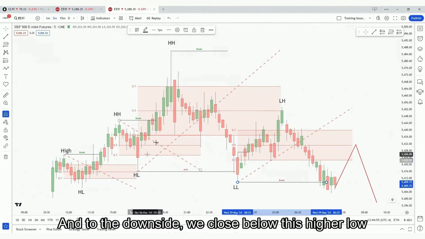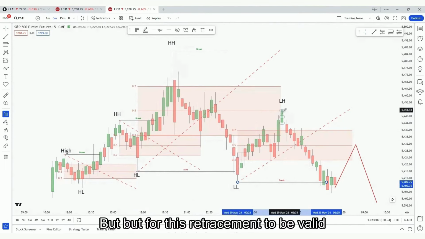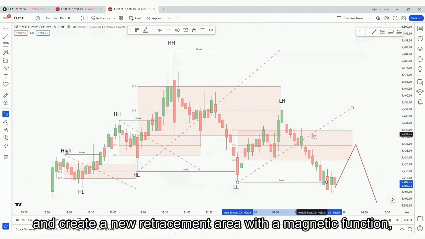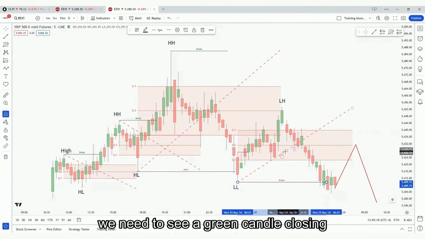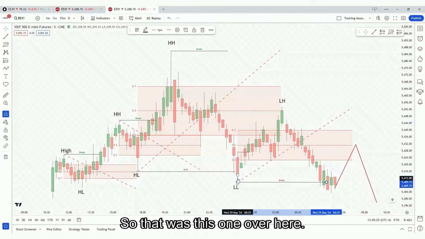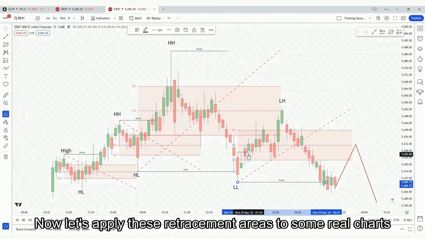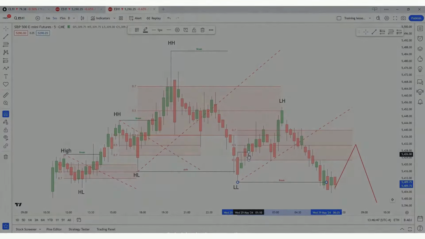And to the downside, we close below this higher low. We see a retracement. But for this retracement to be valid and create a new retracement area with a magnetic function, we need to see a green candle closing above the lowest red candle. So that was this one over here. Now let's apply these retracement areas to some real charts and see how it works out there.